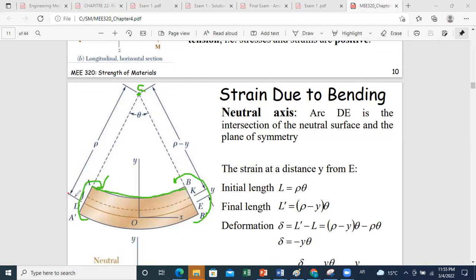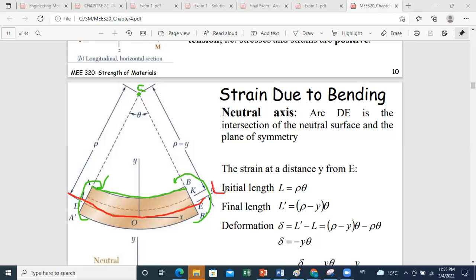So if we look at this figure, this is what we call the neutral axis. The neutral axis will keep its initial length. It will just undergo, if you want, a certain curvature, because it was straight first. Before applying the bending moment, it was a straight line. Whenever you apply the bending moments, it will undergo a certain curvature.